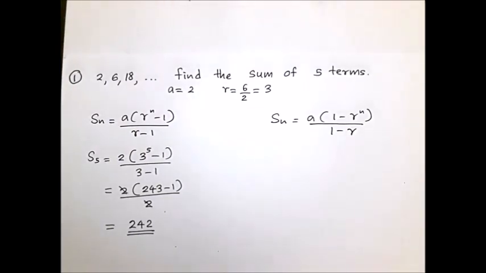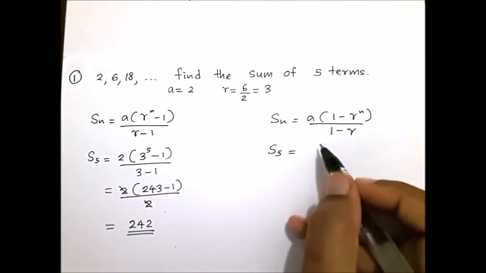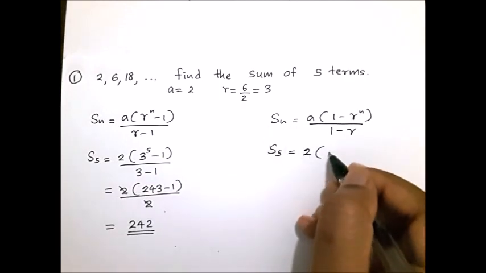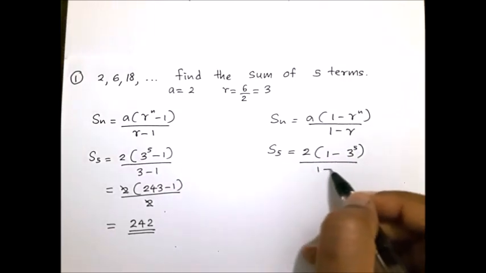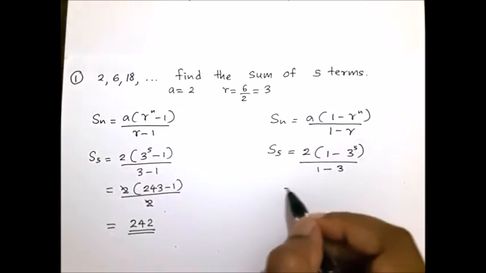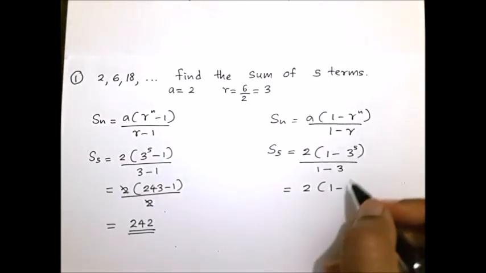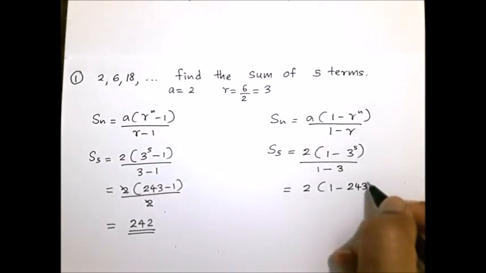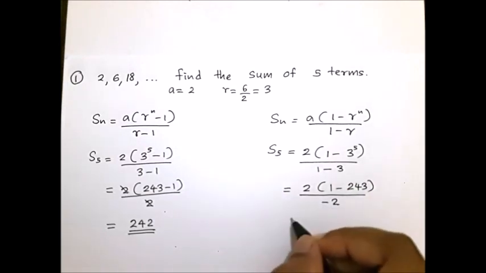Now I am going to use the second formula to solve this question. Sn. Sum of 5 terms. It is S5. The first term is 2. 1 minus R. R is 3. 3 to the power 5. And 1 minus R. Again R is 3. 1 minus 3 to the power 5, 1 minus 243. 1 minus 3, it is minus 2.